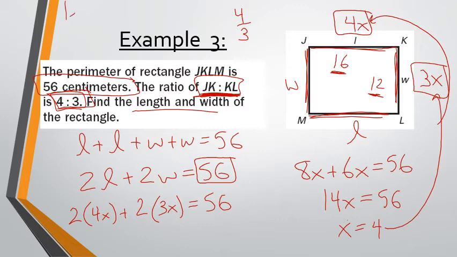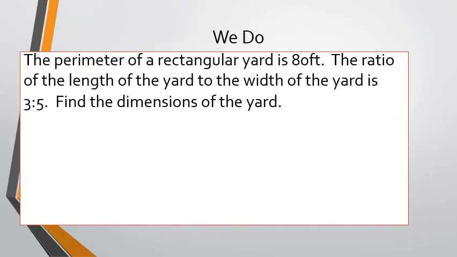The length is 16 centimeters, and the width is 12 centimeters. It was really nice having a picture. So drawing a picture, if there's one not given to you, is really important.